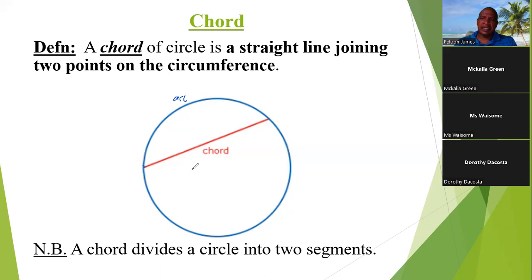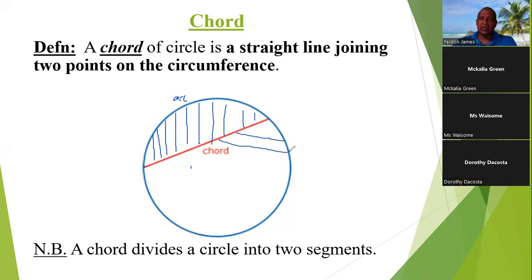These sections, we refer to them as segments. The circle is cut into two segments by the chord. If you look at this, you realize that these two segments are of different sizes.